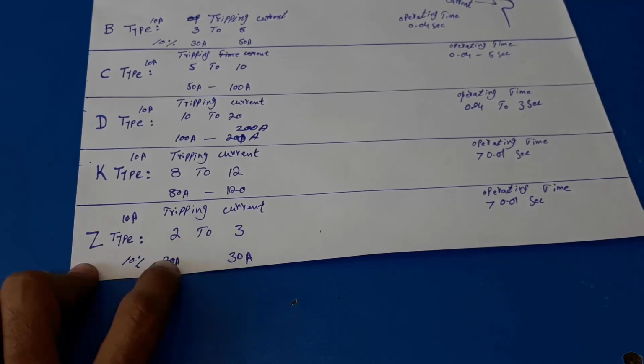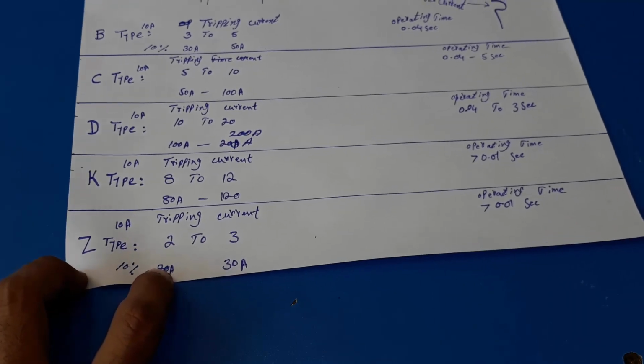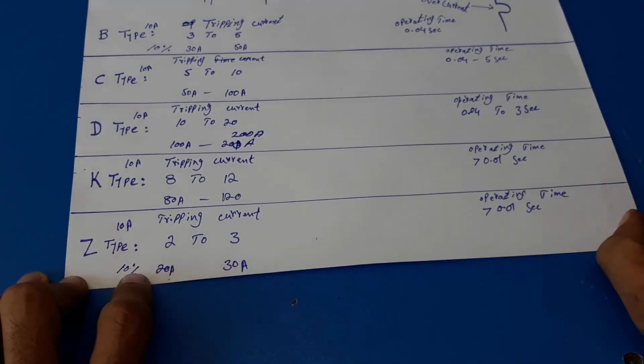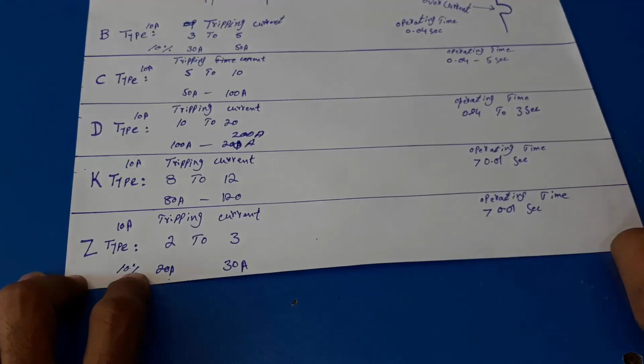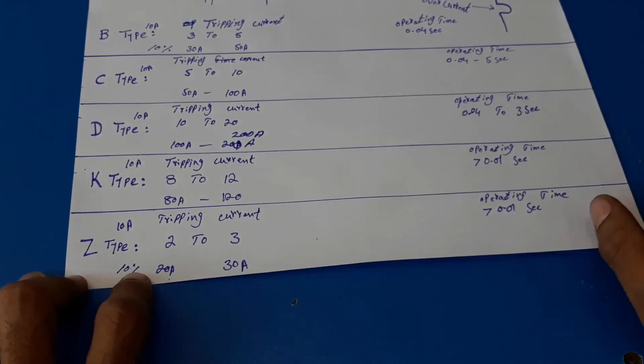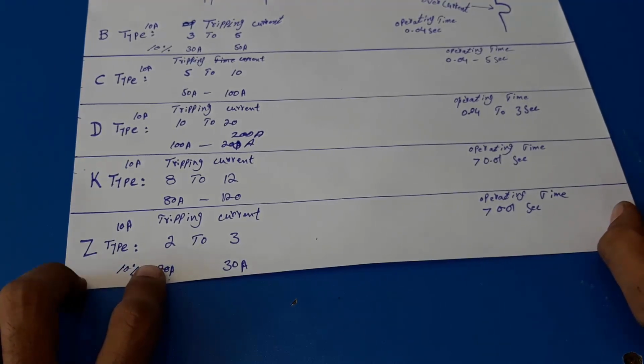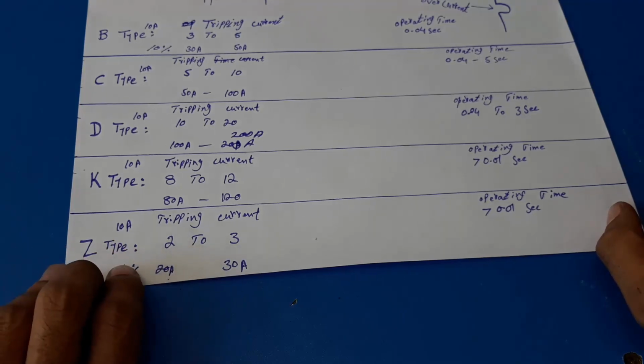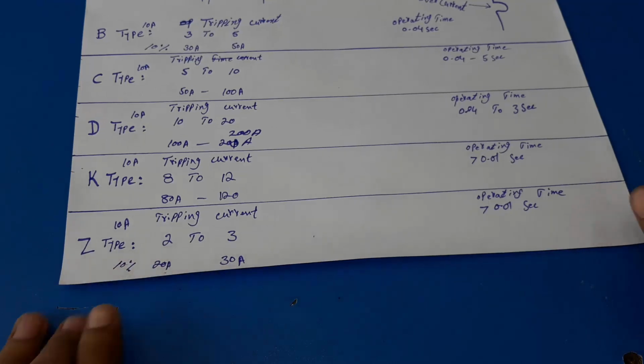This type of MCB is used in factories and other very sensitive devices. The Z-type MCB is used in commercial and industrial use.